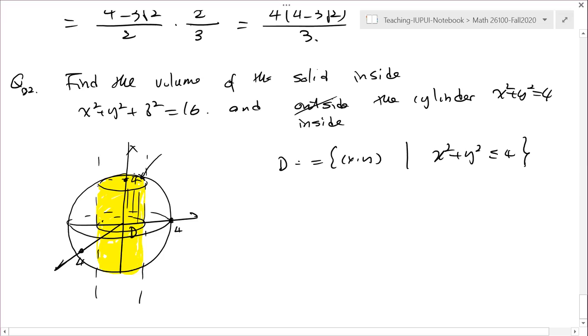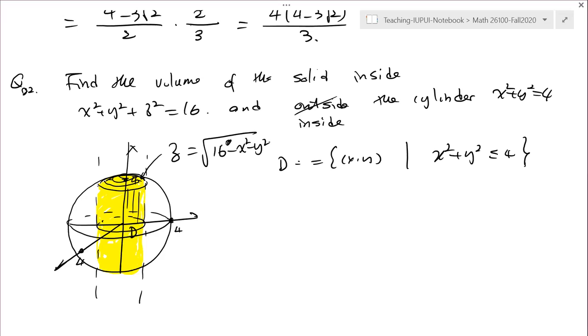This is the graph of that piece, that piece is going to be the graph of this function. It's very similar to the one we did for the volume of the ball.